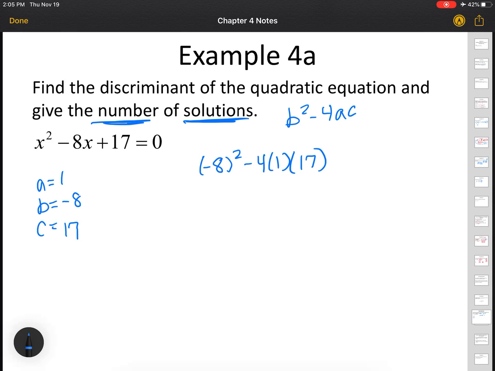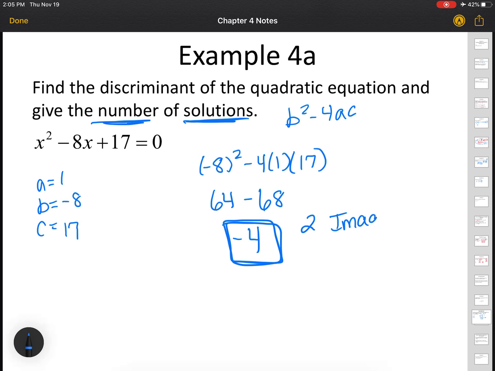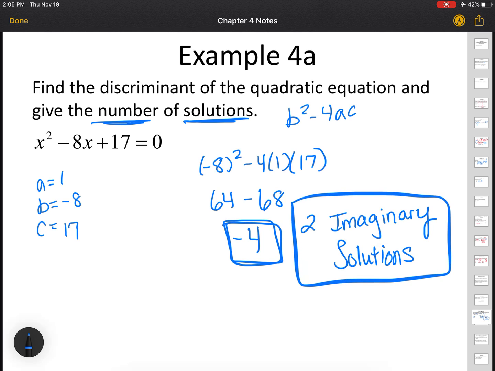Well, negative 8 times negative 8 is 64. Minus 4 times 1 times 17, well, that's 68. And 64 minus 68 is negative 4. So here's my discriminant, negative 4. Since it's negative, the number of solutions is 2, and the type, they are imaginary since the discriminant is negative. So this is two imaginary solutions. And there we go.